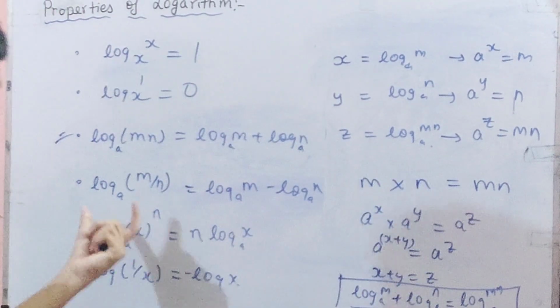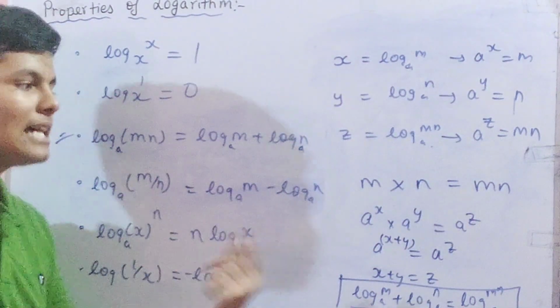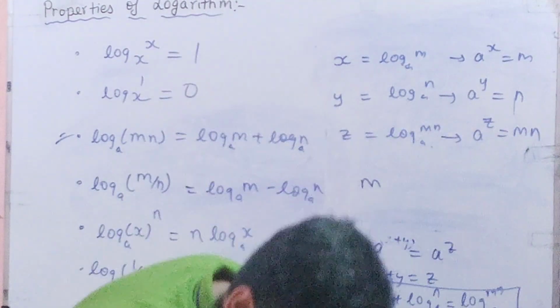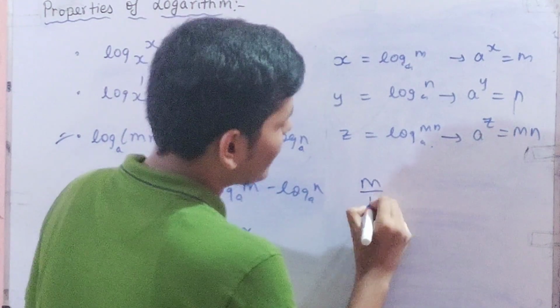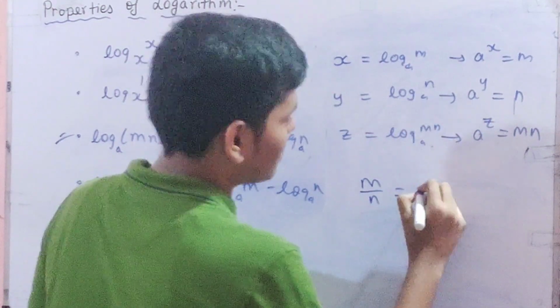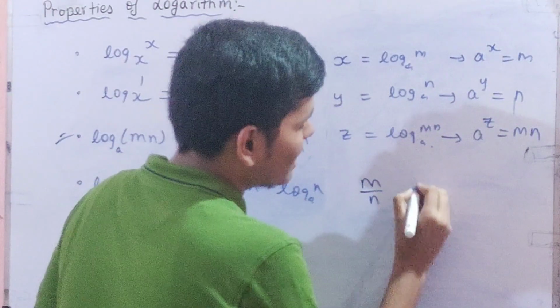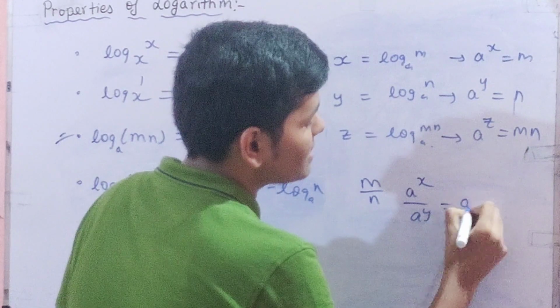We can derive this property, the division rule, in the same way. We can take the same x, y and z, and this time instead of doing m times n, we do m by n. Here m by n is a power x by a power y, which is equal to a power z.